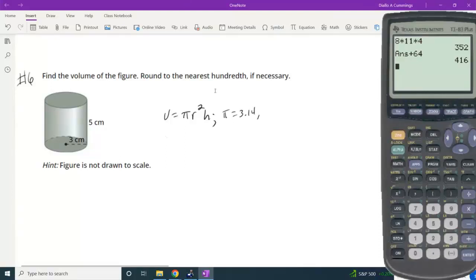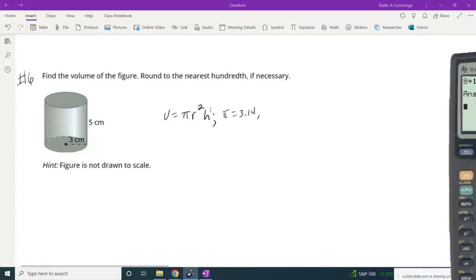Even though it doesn't specifically say that in the problem, we're using 3.14 for all of our pi measurements. So 3.14 times, well, the radius is 3, and then the height is 5. I'm just going to put that all together. So this is 3.14 times 3 squared times 5.